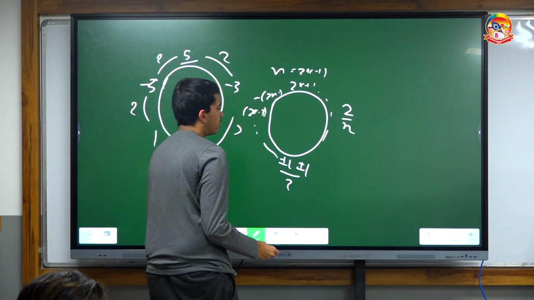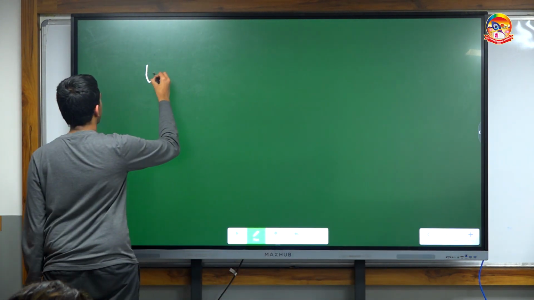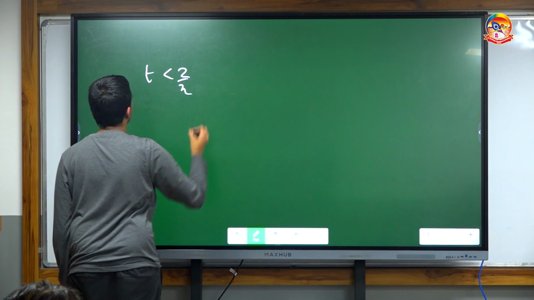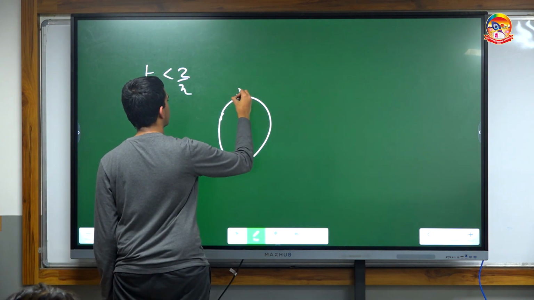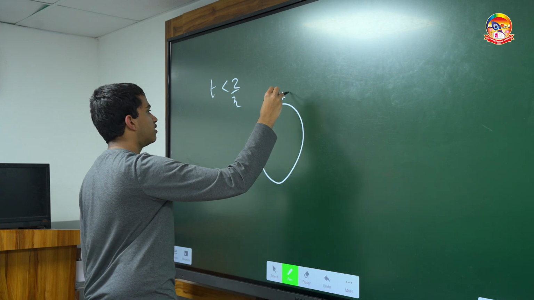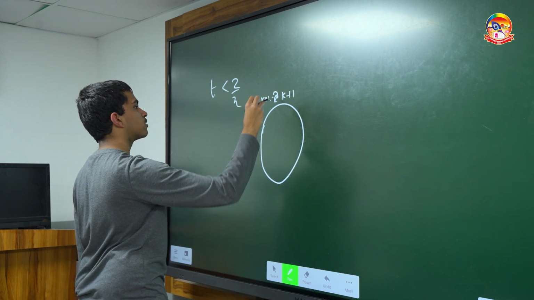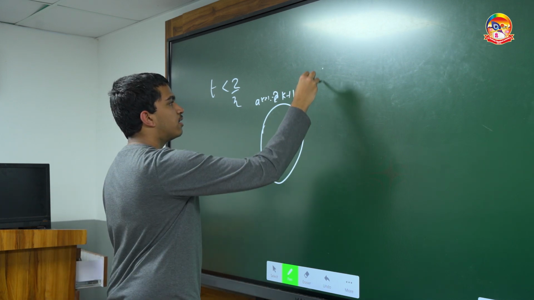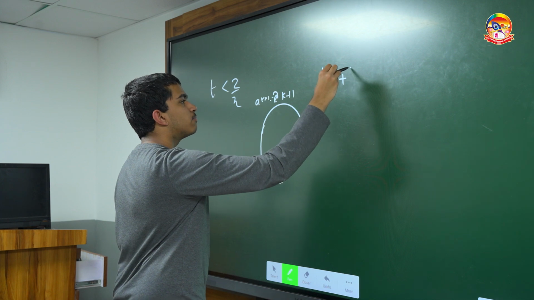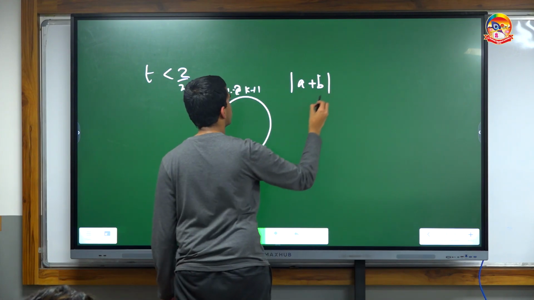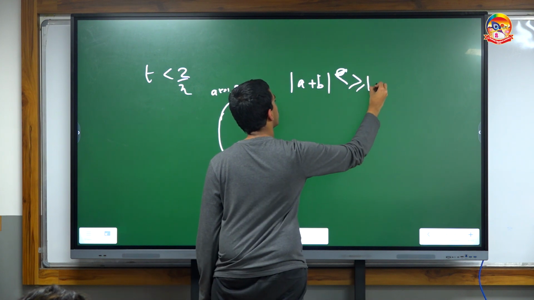Now we prove that the answer can't be less than 2 by n. So suppose there's some t less than 2 by n which works. So assume that this value is the largest and assume this is 2k plus 1 only, and suppose this is a_{k+1}. So we can use this property that mod of a plus b is greater than or equal to mod a minus mod b.